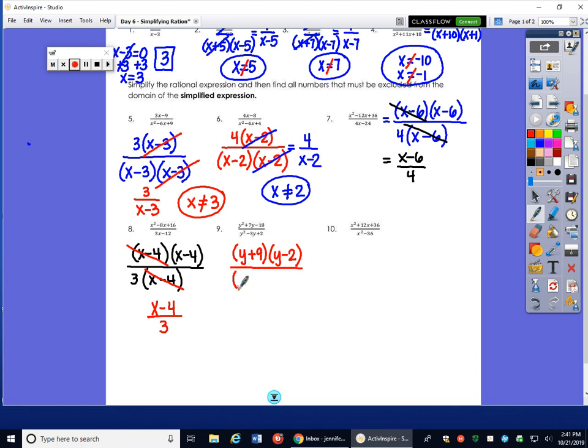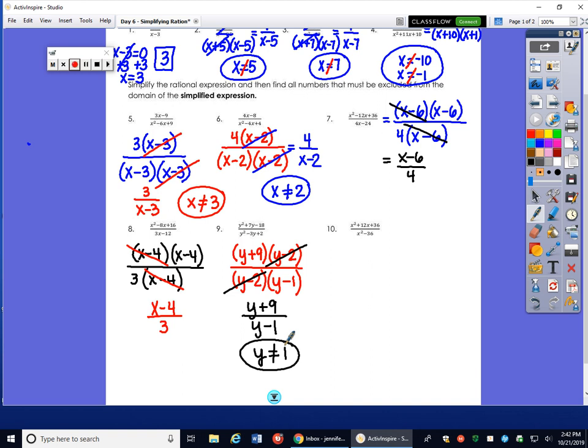On the bottom, two factors of 2 that add up to negative 3 are going to be negative 2 and negative 1. Two negatives make a positive 2, and then two negatives make a negative 3 when you add them. So the y minus 2's will cancel, leaving me with y plus 9 divided by y minus 1. So the number that cannot be included is going to be a positive 1.